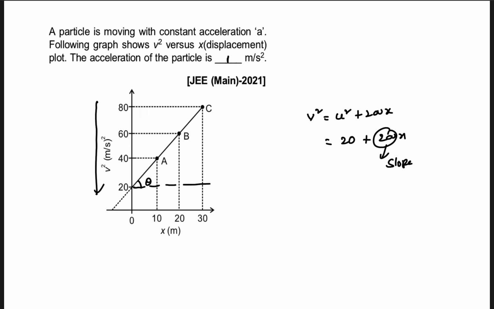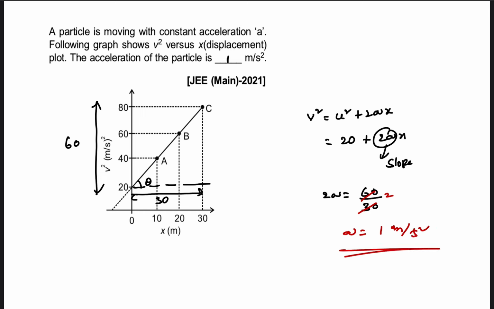Now calculate the slope of this: it is tan theta, the difference, 80 minus 20, which is 60, in the vertical direction, and in the horizontal direction it is 30. So the slope is 60 divided by 30, which is 2a. Now a is equal to 1 meter per second square. This is the acceleration. The answer is 1.